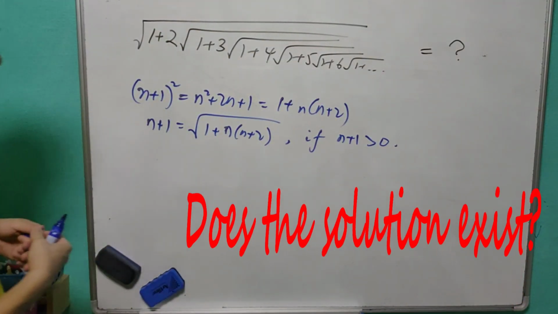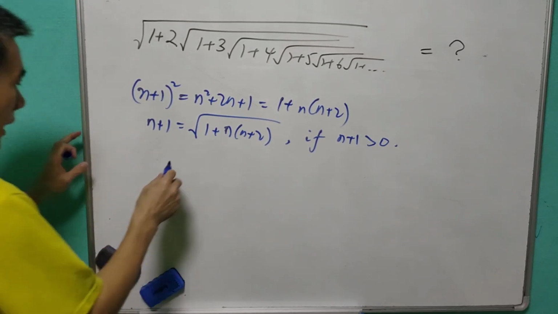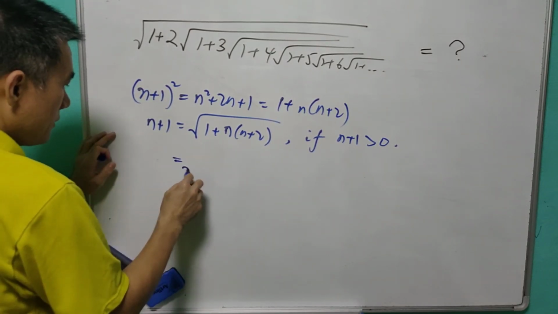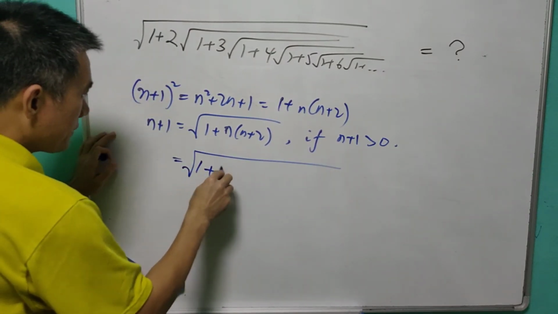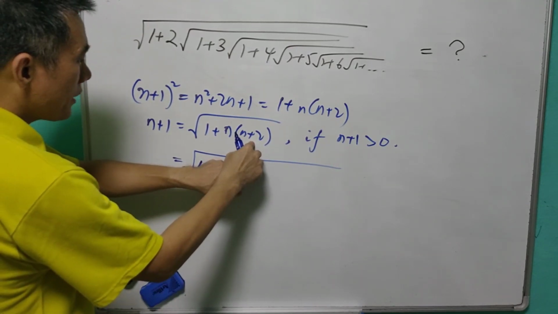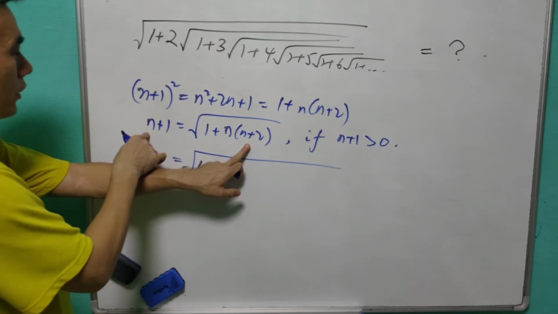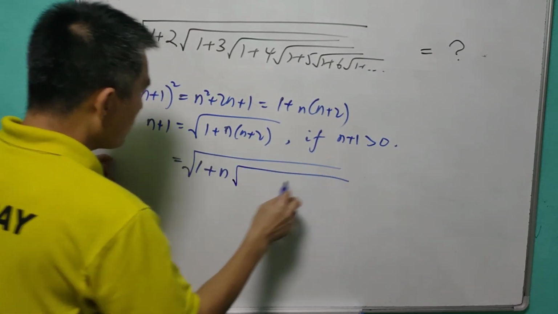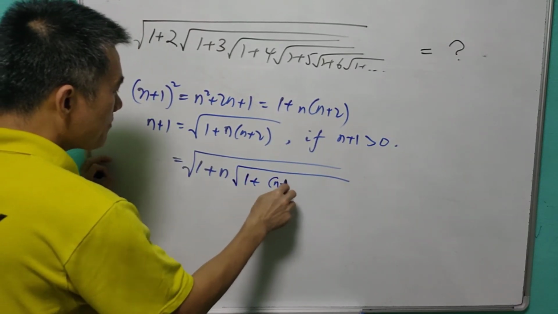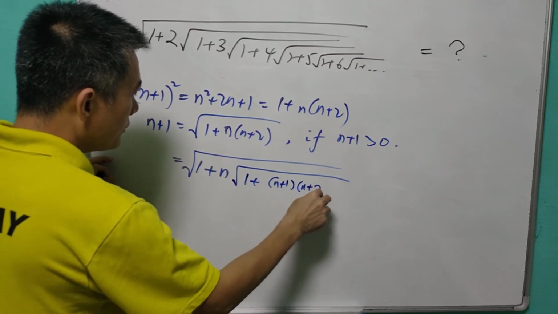So people claim that yes, it has a solution, by just looking at this. So this is 1 plus n. We can replace n+2 by saying that n now is equal to n+1. So this will be equal to the square root of 1 plus (n+1)(n+3).